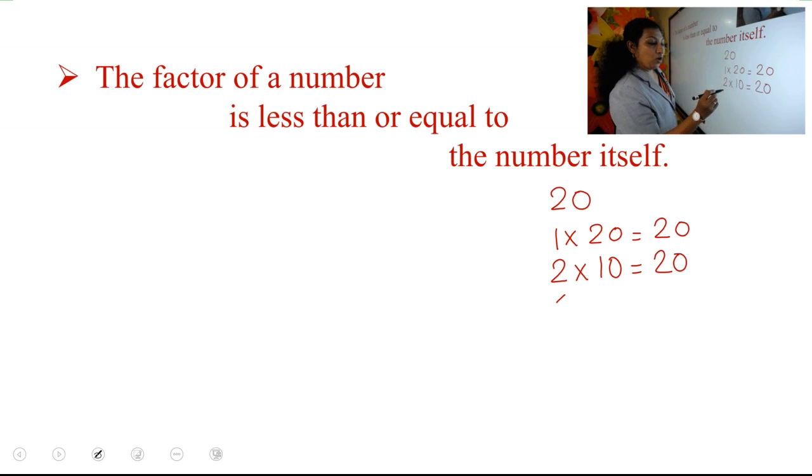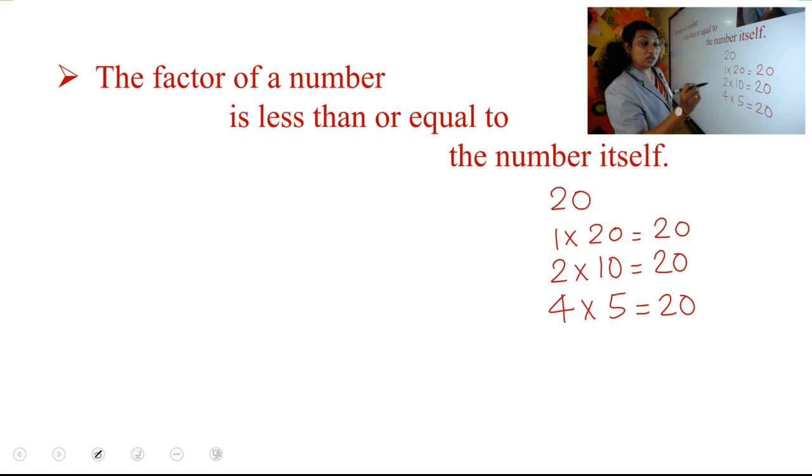Table of 3, no. 4, 4 into 5 gives 20. Again 5, repetition. 5 fours are 20. 6 will not come. 7, no. 8 will not come. 9 will not come. 10 again. So, if we get the repetition, we will stop there. So, these are the factors.